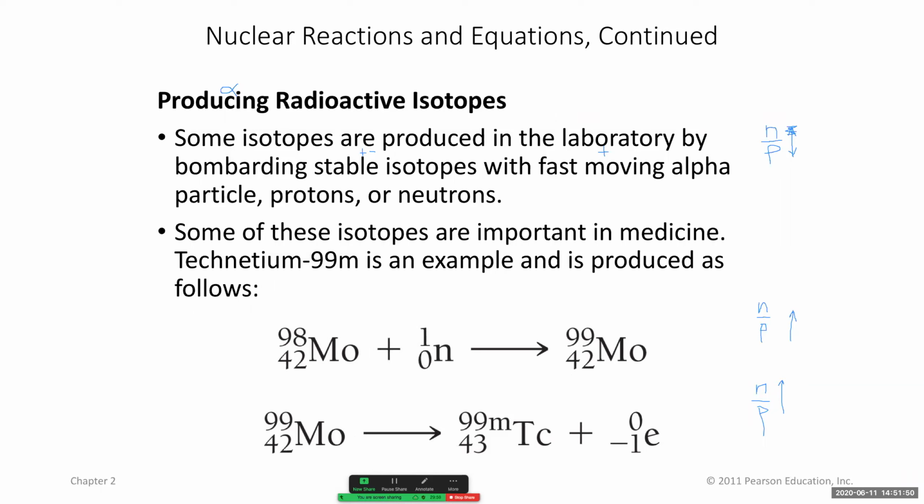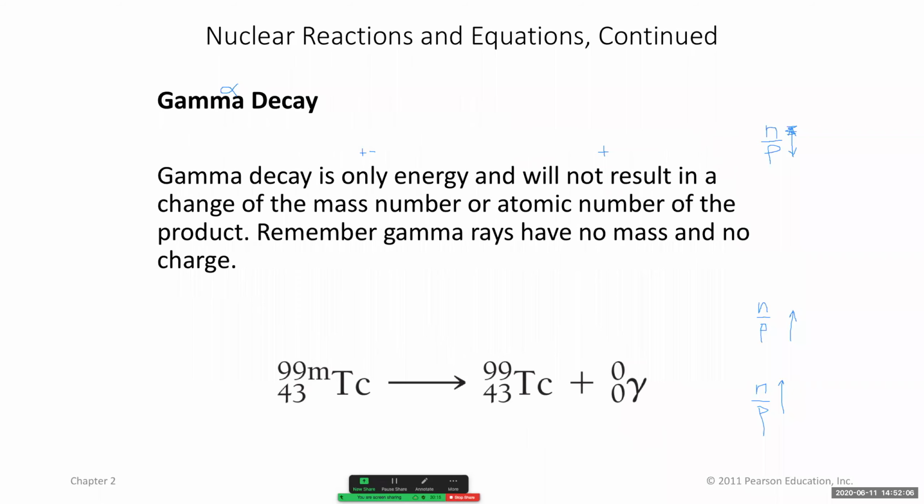These metastable nuclei don't last very long, so I'm not sure if it even has a half-life. We can look it up, technetium 99m. But it turns out that that particular metastable nucleus, technetium 99m, turns into technetium 99 with the emission of a gamma.